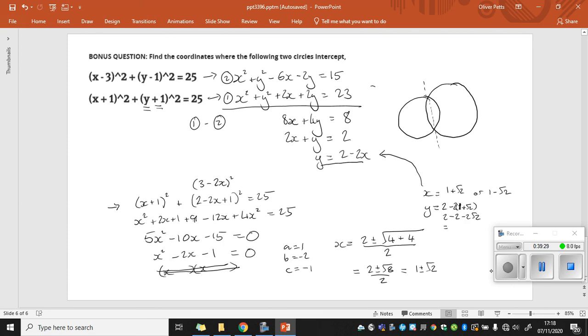And so that is going to give us, 2 take away 2, they cancel out, y equals negative 2 root 2. And if we do the same thing with 1 minus root 2, all that's going to happen is we end up with y being equal to positive 2 root 2. So my two sets of coordinates are going to be (1 plus root 2, negative 2 root 2) and (1 minus root 2, positive 2 root 2).